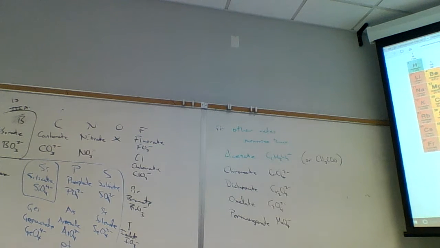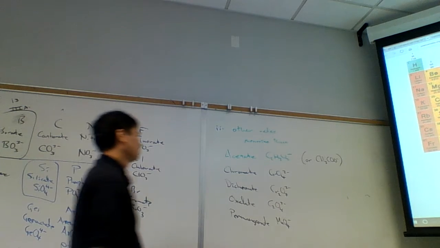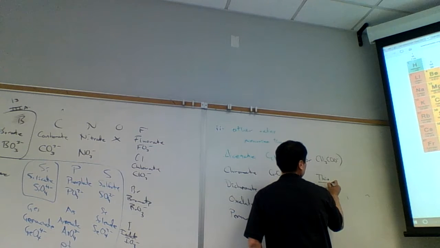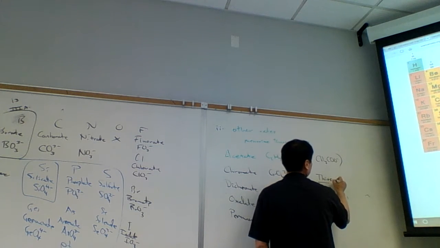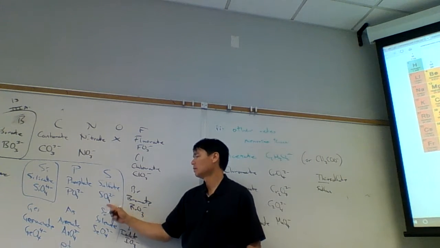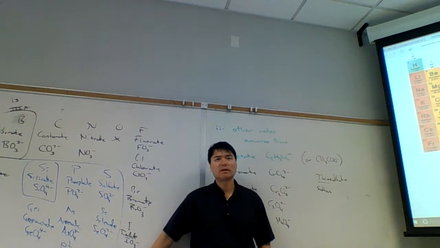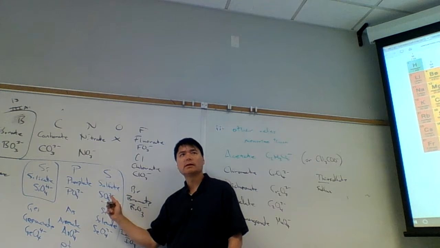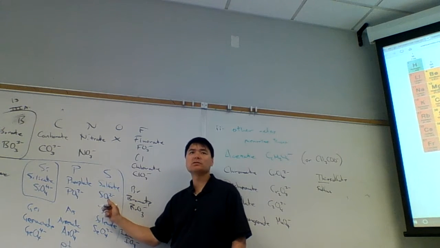Thiosulfate is somewhat common. Thio, do you know what thio means? It means sulfur. So thiosulfate, what you do is you take a sulfate. What is a sulfate? A sulfate is SO4. And oxygen and sulfur are in the same family. So whenever we see the thio, we replace one of the oxygens with a sulfur.